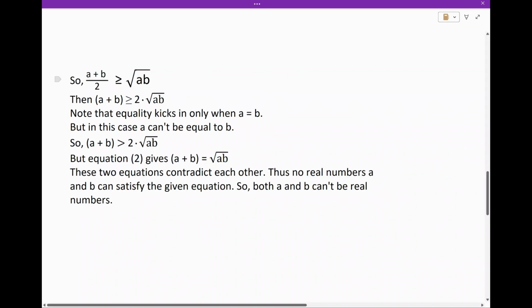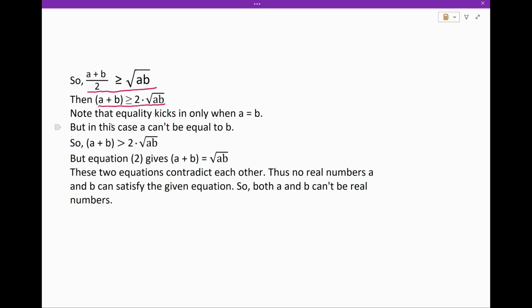Therefore, (a plus b) divided by 2 is greater than or equal to square root of ab. Then a plus b is greater than or equal to 2 times square root of ab.